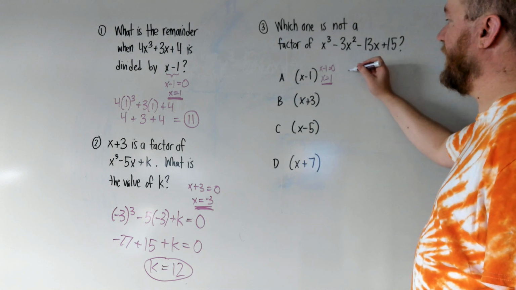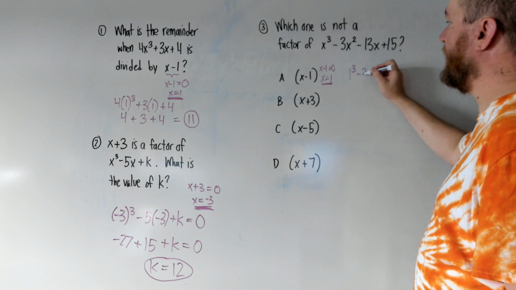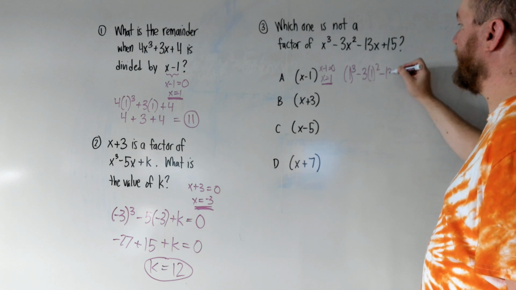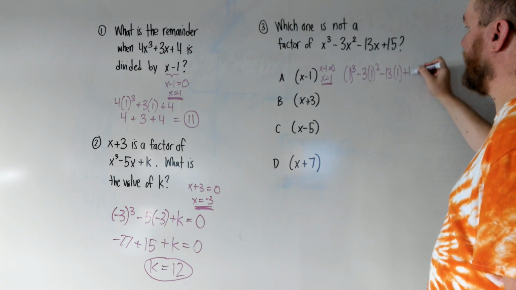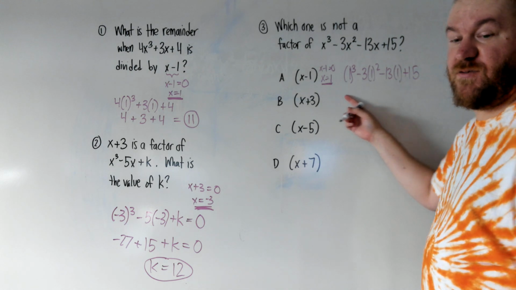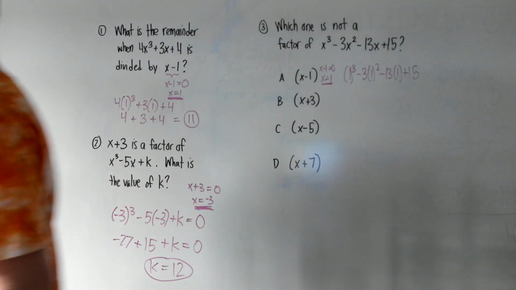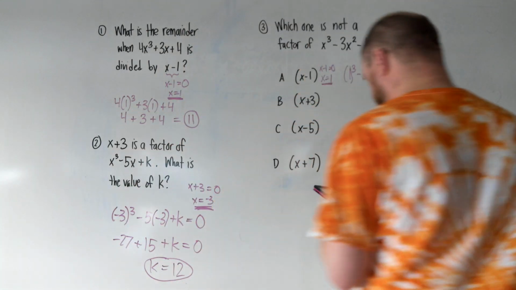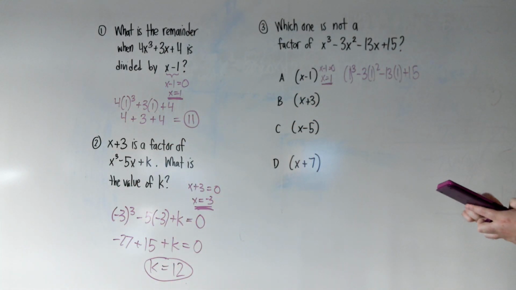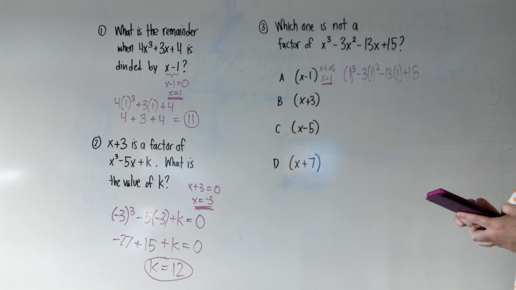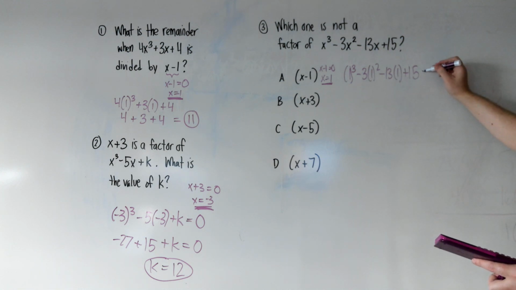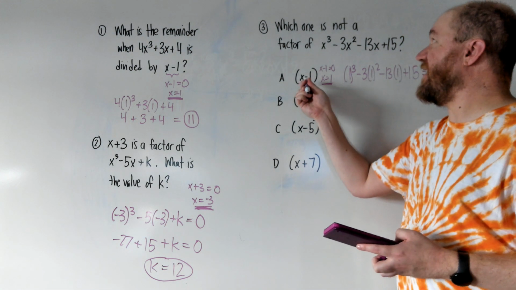So let's do that. 1 to the third minus 3 times 1 squared minus 13 times 1 plus 15. If I evaluate this with my calculator, it's going to work out to 0, I believe. Let me just confirm. Hey, look at that. It worked out to 0. So that means this is a factor.